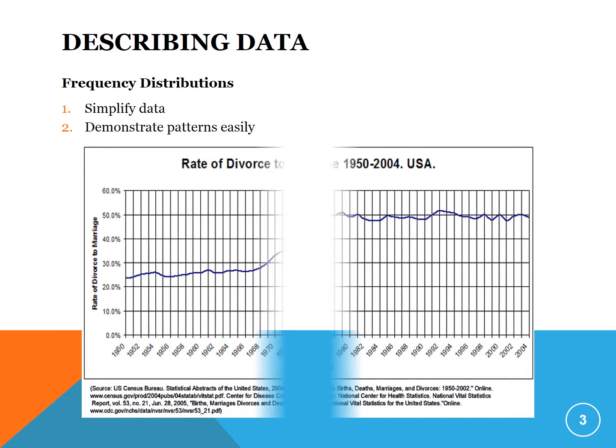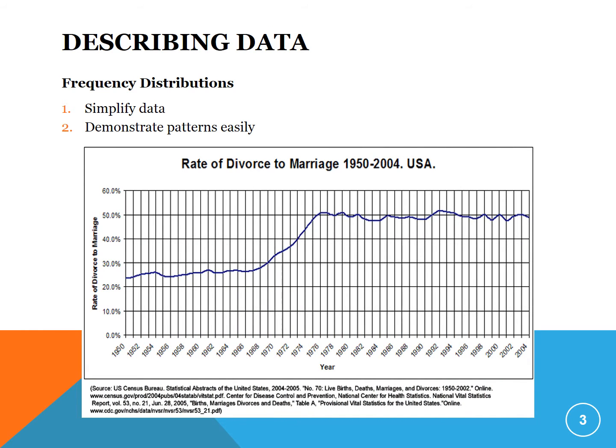So here's a table, a frequency distribution, if you will, of the rate of divorce to marriage, looking at the years 1950 through 2004 in the United States of America. You can see that a whole lot of data was brought together and simplified through this one graph. We don't see all those numbers, but we see a very simplified form of the data.